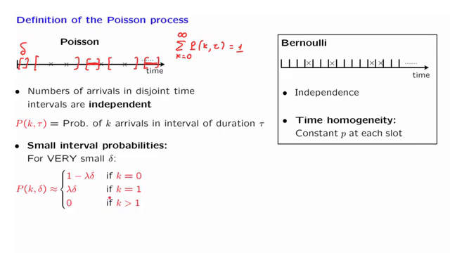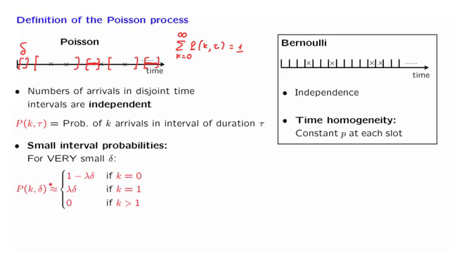We will either have 1 or 0 arrivals, and the probability of one arrival is a certain number, lambda times delta. It's proportional to delta, so if the interval becomes smaller and smaller, that probability also goes to 0, but it goes to 0 at a rate proportional to delta. So you can think of lambda as probability per unit time. These are the units of lambda.